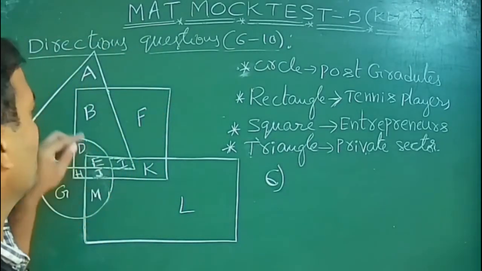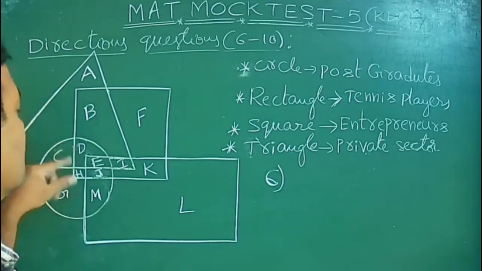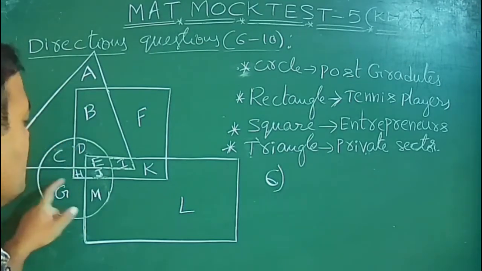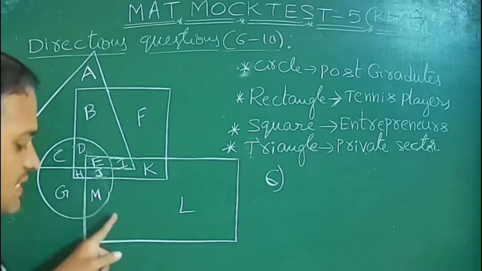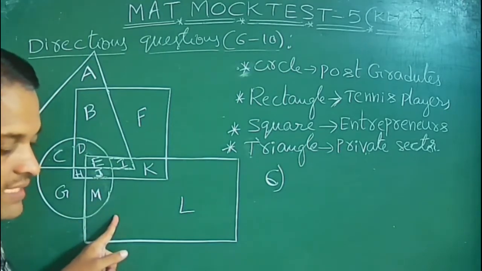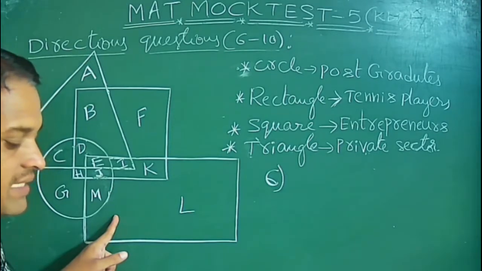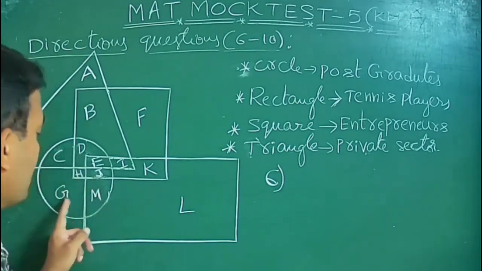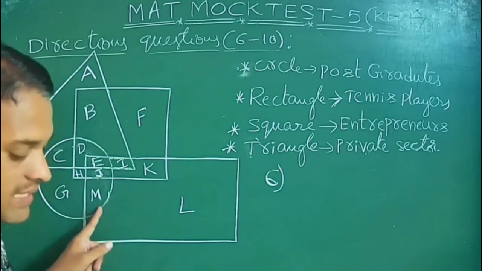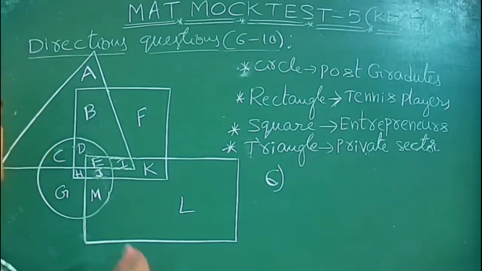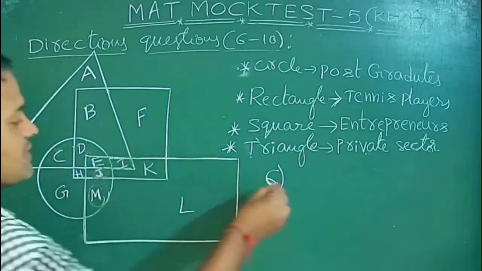Postgraduates means circle, and tennis players means rectangle. Postgraduates and tennis players, but neither working in private sector nor entrepreneurs. In these two intersection parts only, which one is there? It is nothing but M.